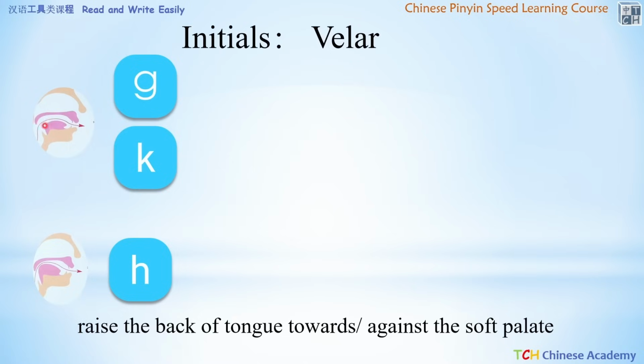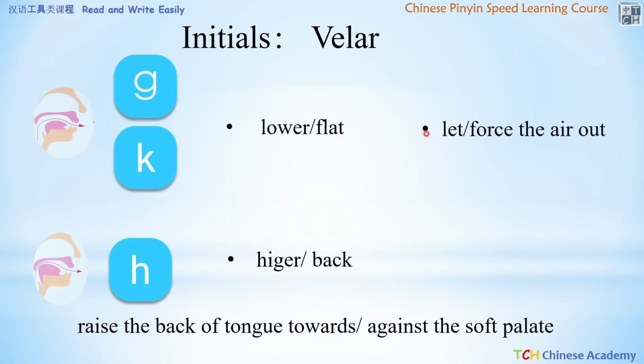Compared with H, the tongue is a little lower and flatter for G and K, and much higher and further back for H. And for these two, either let the air out as G, or force the air out as K. But when pronouncing H, the air flows out through this channel.